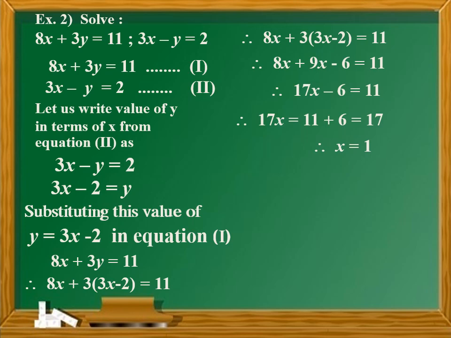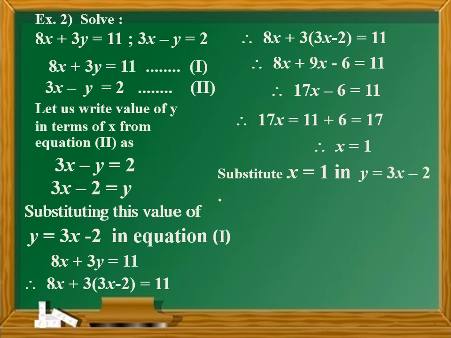Now, to find the value of the other variable, we have to put this value in one of the equations above. So, we will put it in equation 2. Substitute x = 1 in y = 3x - 2.